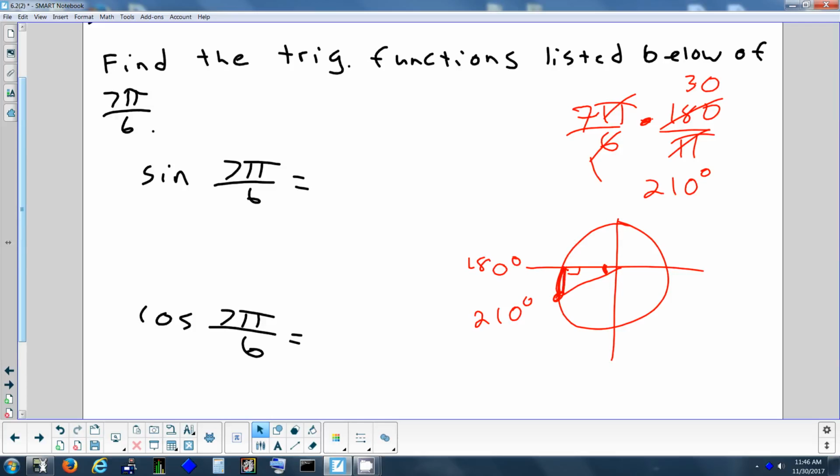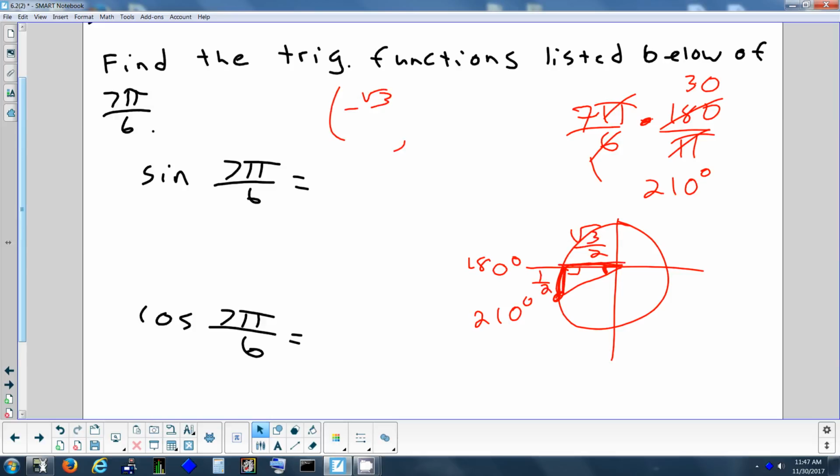Here's your short side. Here's your long side. In the 30, 60, 90, how long is the long side? Square root of 3 over 2. Yep. I'll worry later if it's negative or positive. And then 1/2. Now we're in quadrant 3, so both the x and the y are going to be negative.